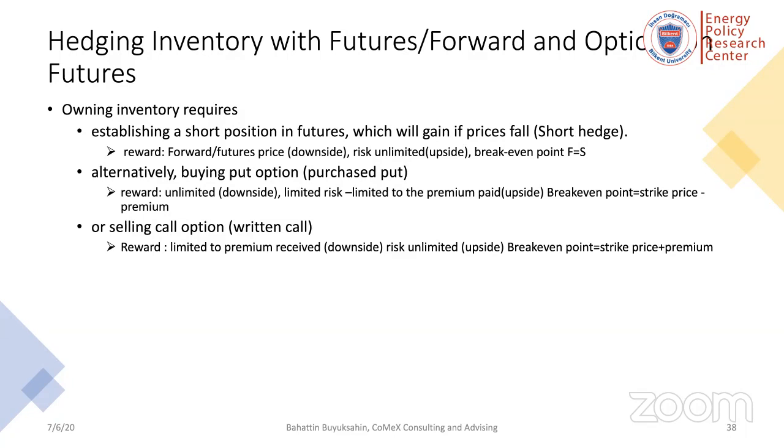So ignoring prices in the negative territory, that is also possible. As I said, in April we saw negative prices, but it is very rare. But let us assume non-negative prices. Your maximum gain is the forward price.